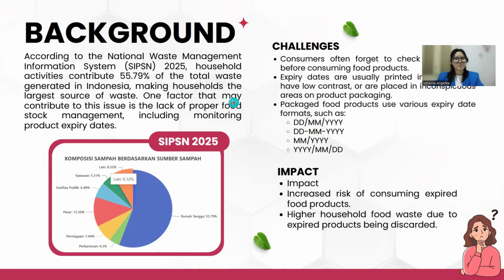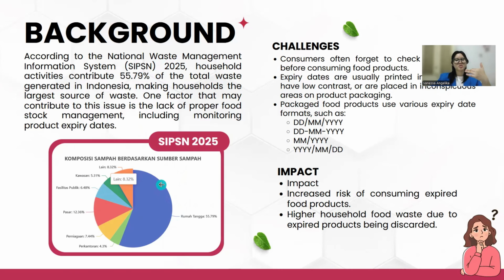To begin with, this research addresses the issue of household food waste. According to the National Waste Management Information System, or SIPSN 2025, household activities contribute about 55.79% of total waste generated in Indonesia, making households the largest source of waste.